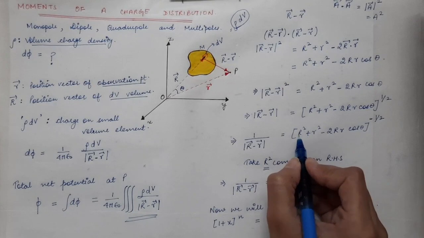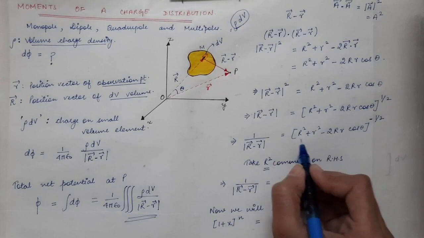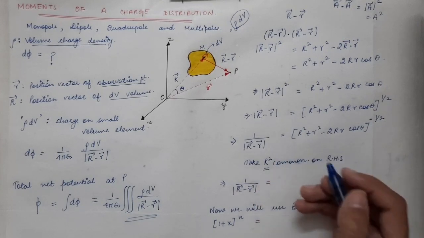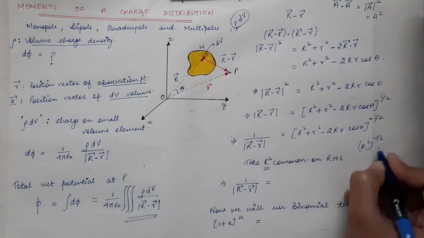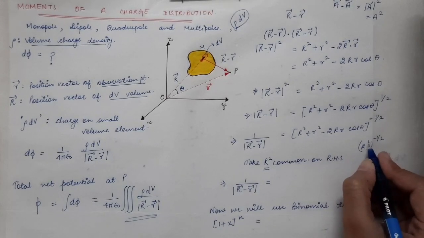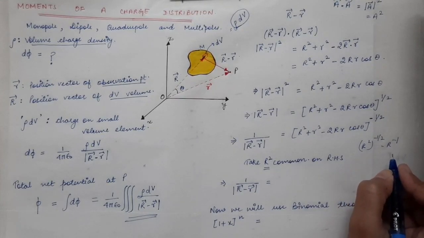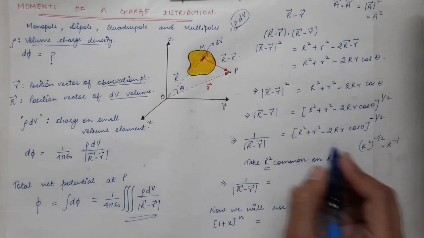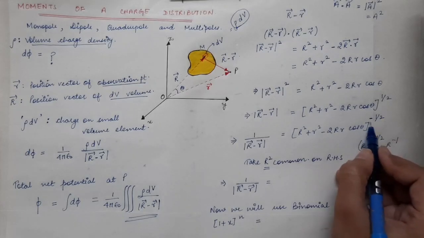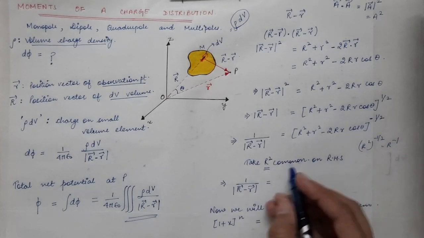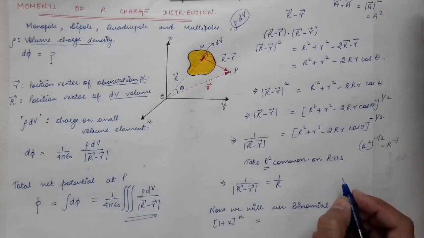So you will get capital R square power minus 1 by 2 outside the bracket, which is nothing but R power minus 1, that is 1 divided by capital R. So when taking capital R square outside, you have to take this power into account also, and outside the bracket you will get just 1 divided by capital R.